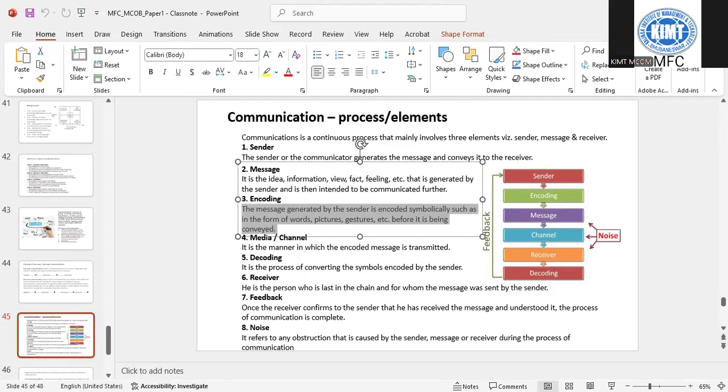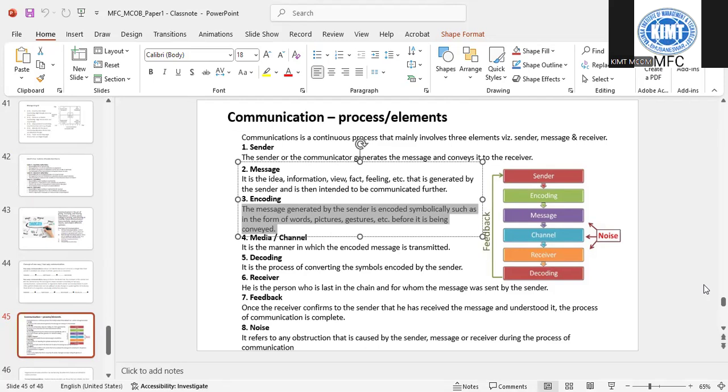But this is the process of communication. First you will send it, and for the sender you will have a message. The message is encoded and decoded, and you are using a channel, using a media, and through that media the receiver is receiving your communication, and the sender is sending the communication.